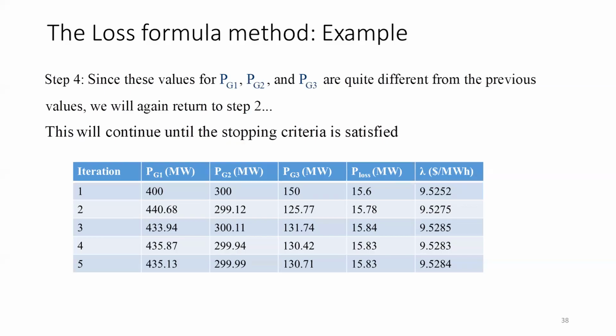But the total picture: you have got equality constraint, which includes your P loss, and your inequality constraint, which includes your generator limits. So what if we include everything? What will happen then? How do you solve it?